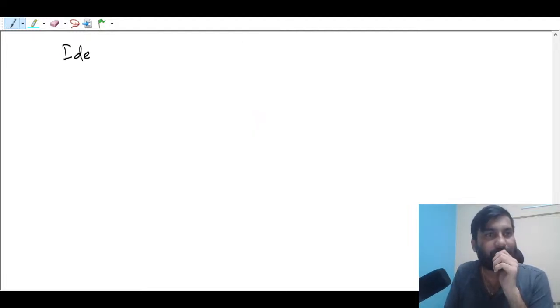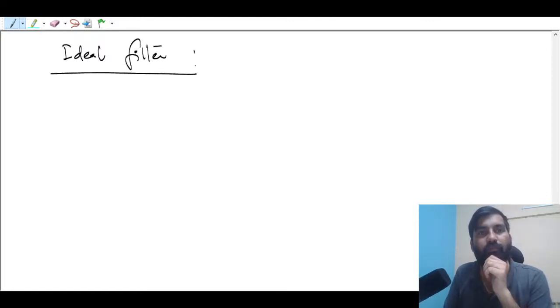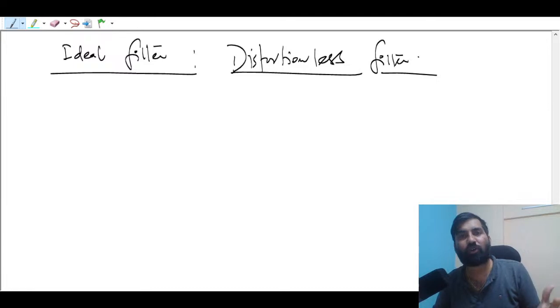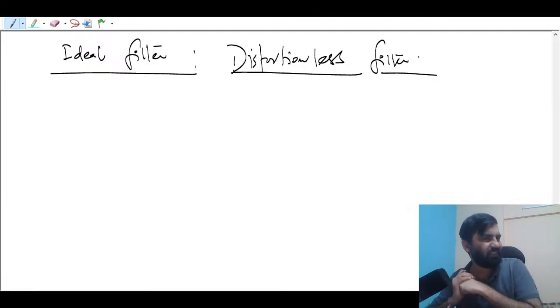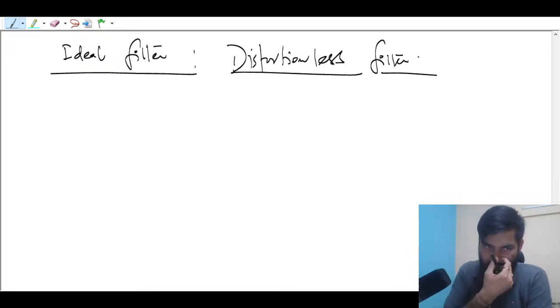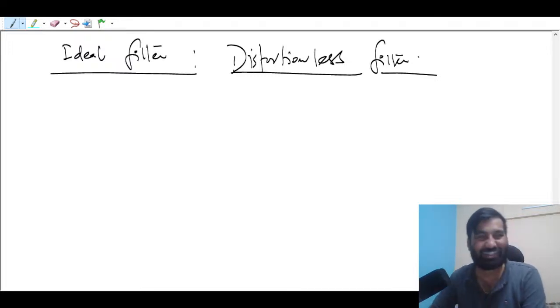So ideal filter का मतलब क्या होता है? Distortion less. Okay, filter. No distortion. I mean, the gain is going to be constant over the range of frequency. Phase is going to be a linear function of the frequency, right?